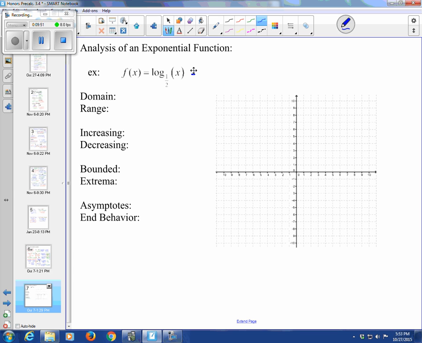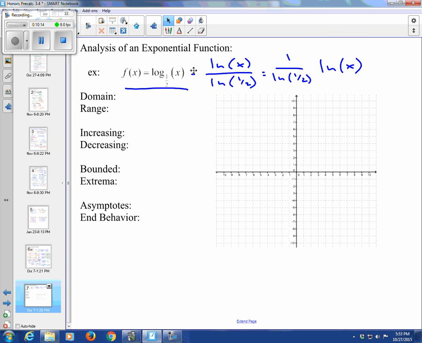If I represented this as the natural log of x divided by the natural log of 1/2, then I could see that this function is equivalent to 1 over the natural log of 1/2, which is a number, times the natural log of x.